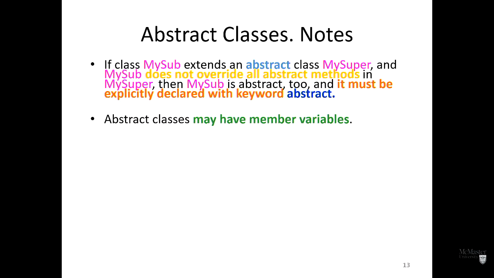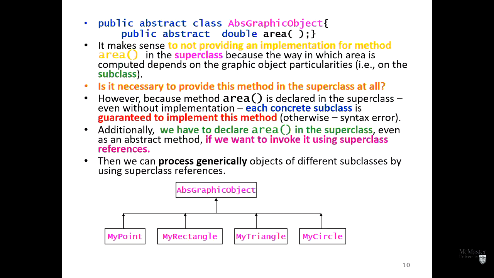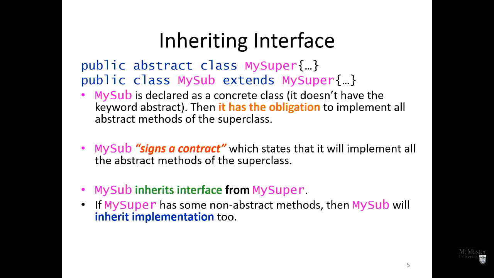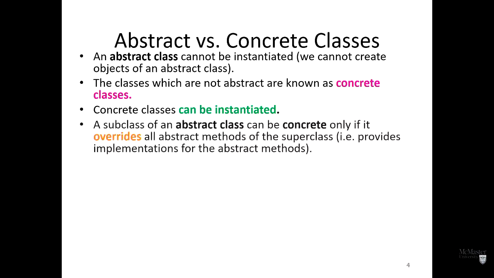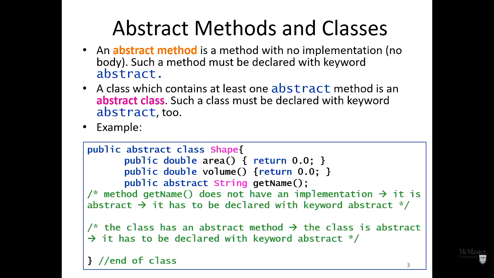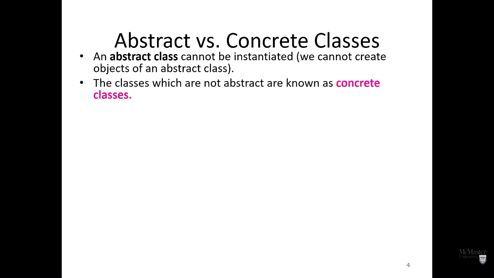is that an abstract class can still have member variables. So here in the shape abstract class, actually we didn't have member variables, but you can say, for example, int x equal 2, or int y, or any member variable.